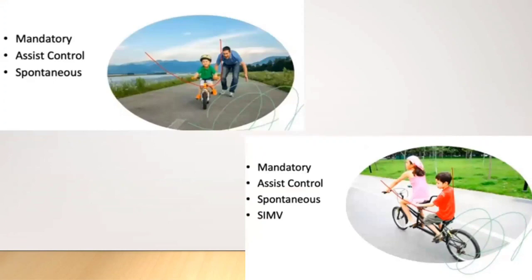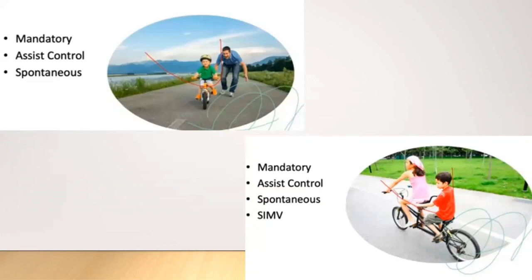The next is the spontaneous mode. Spontaneous means CPAP and CPAP with pressure support. In spontaneous mode, the patient is on his own, his own breath. He will decide how much to breathe, when to breathe, and all. എത്ര ബ്രീത്ത് ചെയ്യണം, time. Everything is decided by the patient.